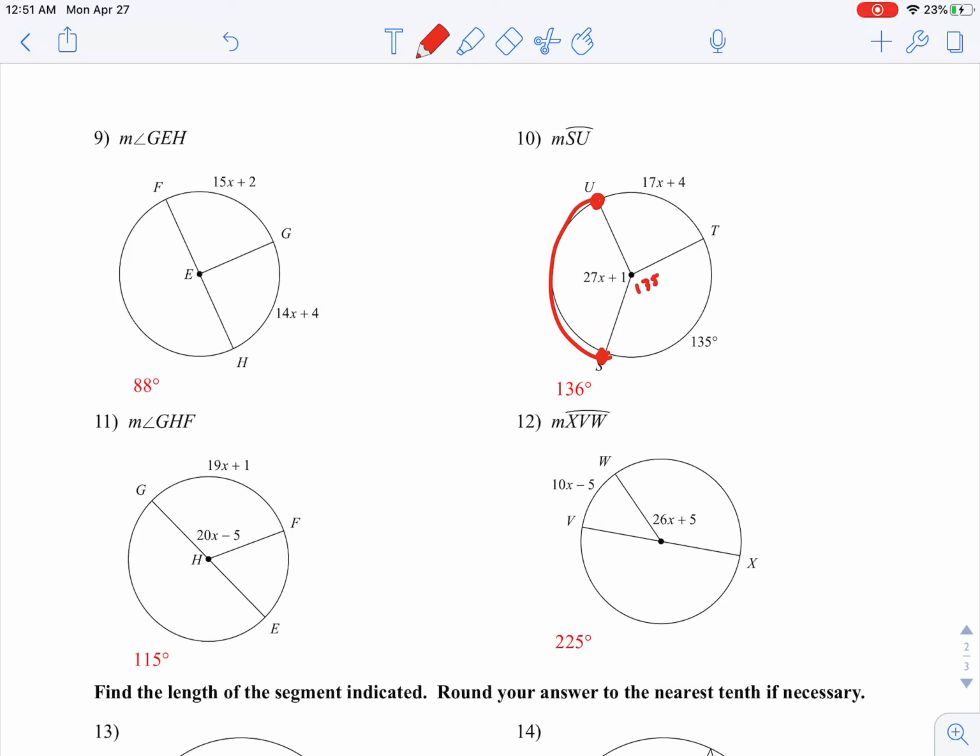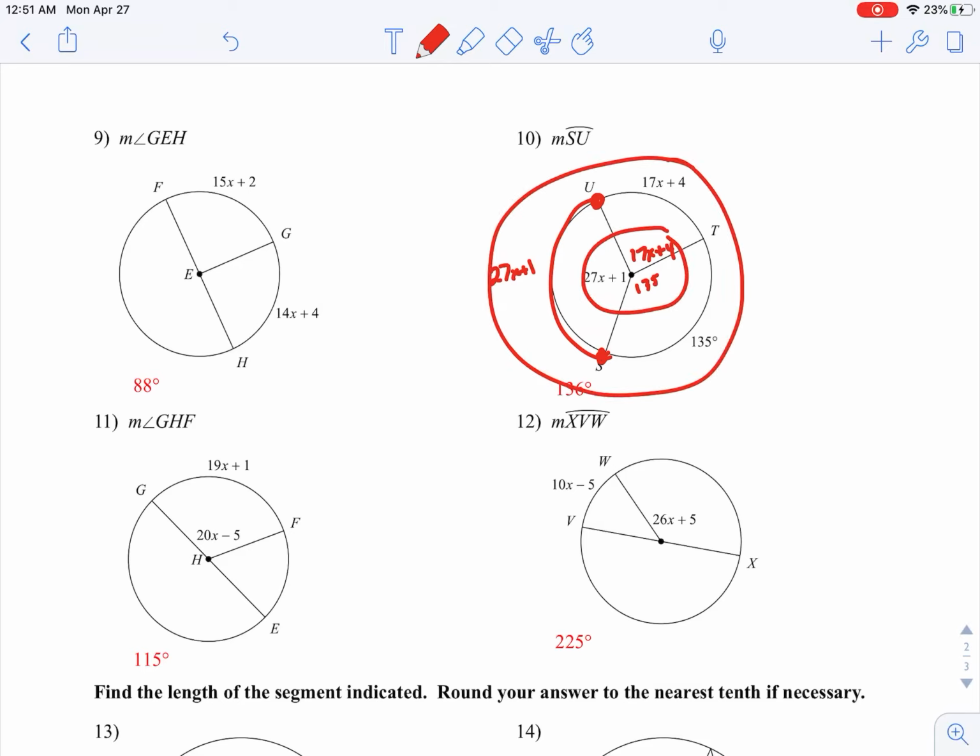Or you could change this inside one to that's 27x plus 1, okay? Or this is 17x plus 4. So either way, you either have an inside circle or you have an outside circle. Either way, the whole circle adds up to 360, all right? So 17x plus 4 plus 135 plus 27x plus 1 all adds up to 360.